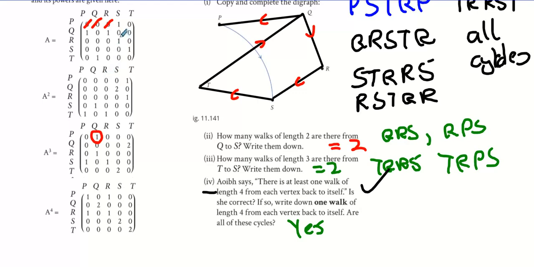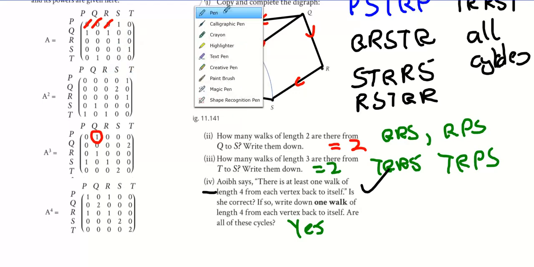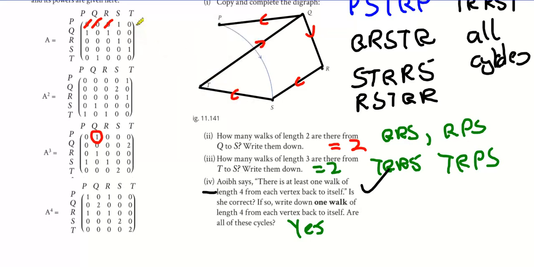Every single spot, in all 4 matrices listed, if I click any of these points, see this point here, the one I highlighted in yellow, if you go down to the other matrices, I guarantee you'll find a place where it's not 0.